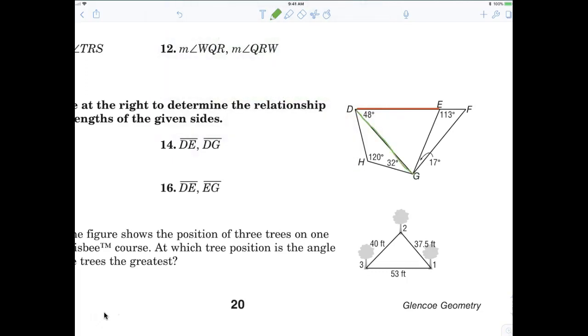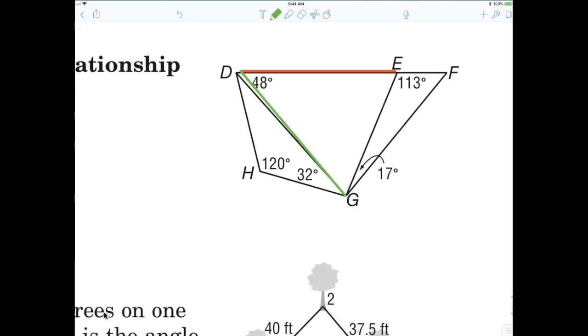Now I'm not sure why you're having trouble with that, other than you have to figure out what the measure of the angles are, right? So the measure of this angle right here would have to be what? Yeah, 67. Then once you figure that out, obviously that's a linear pair.